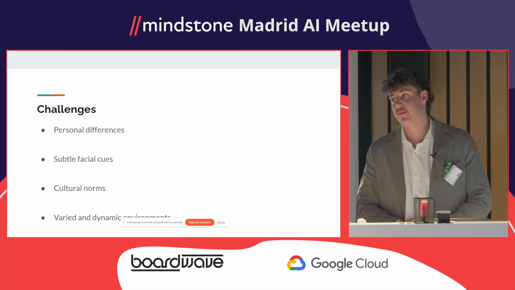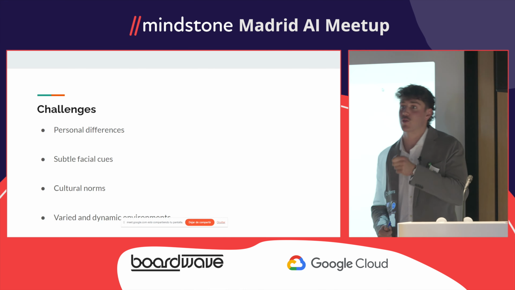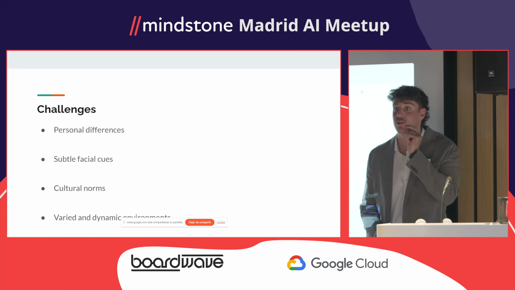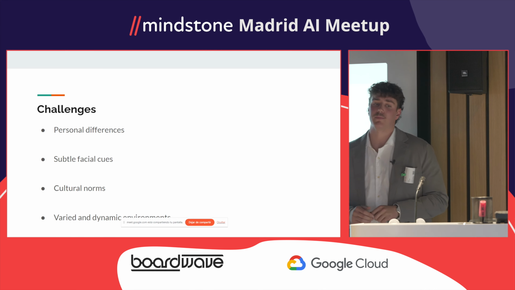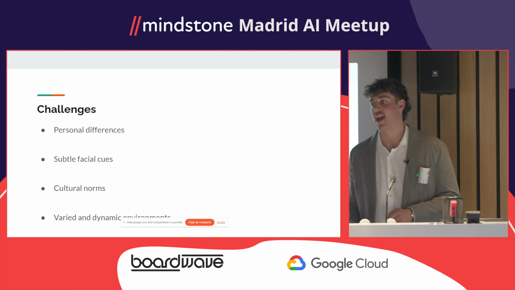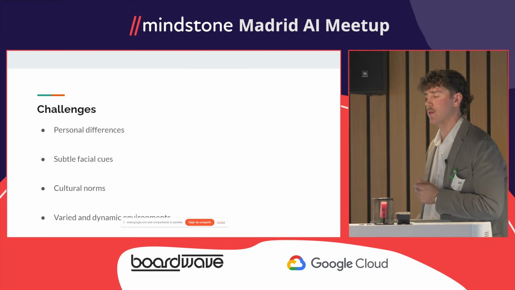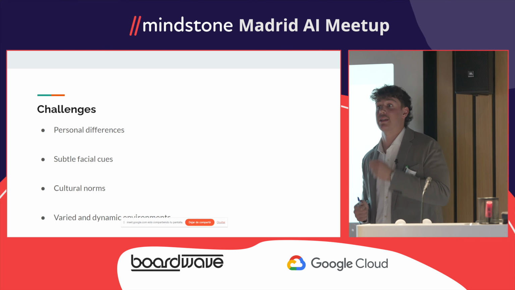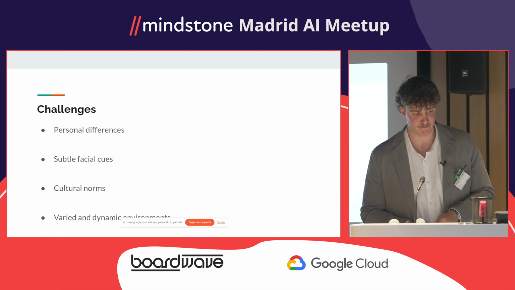Second of all, we have subtle facial cues that could describe emotions. By that I mean one emotion may have just a small lip movement, or just a subtle eyebrow movement, and that just adds to the complexity of identifying them. Cultural norms: in one culture, it might be misinterpreted in another culture, depending on the emotion and depending on the culture.